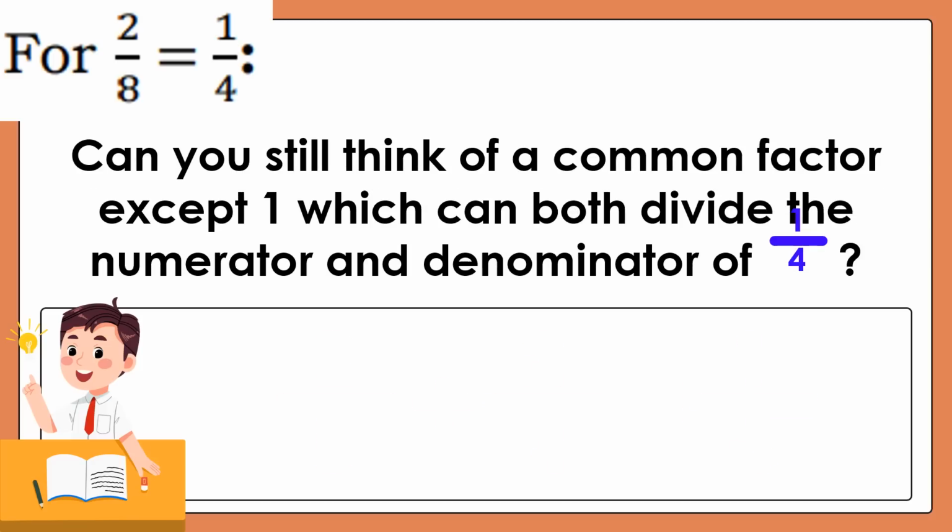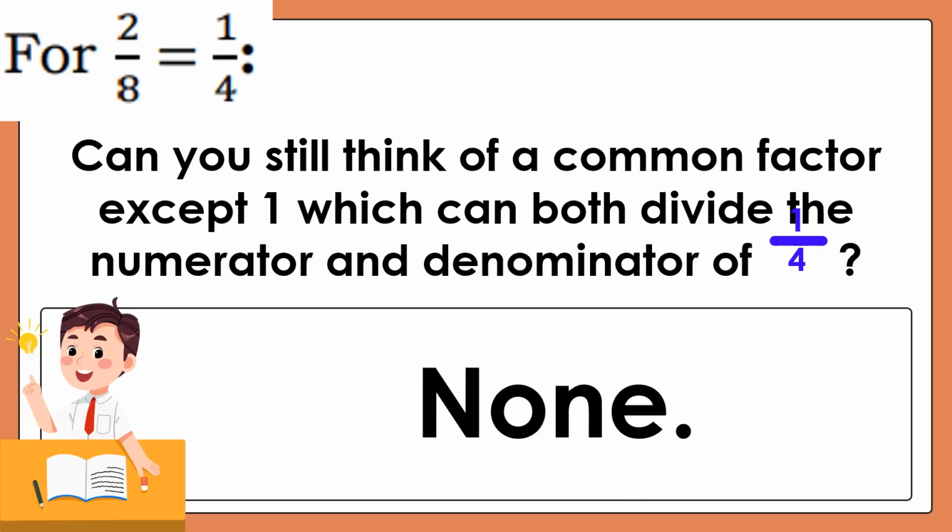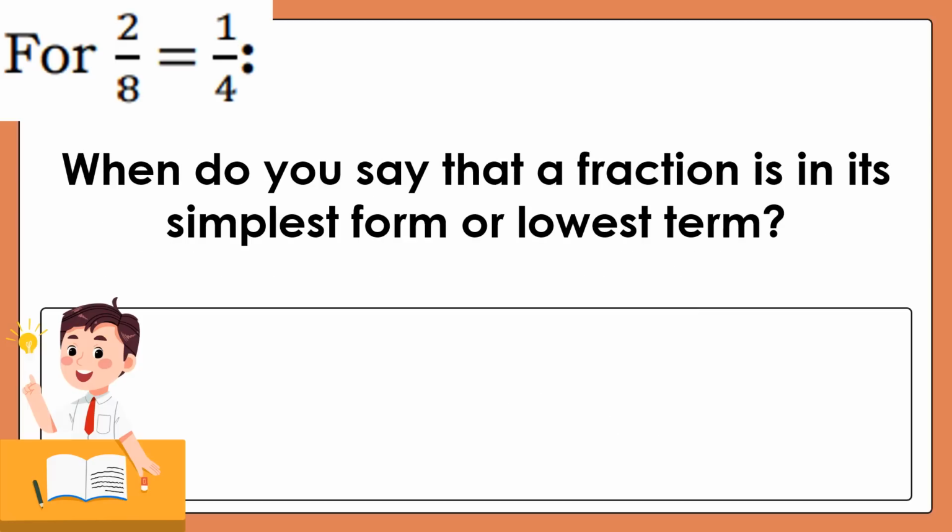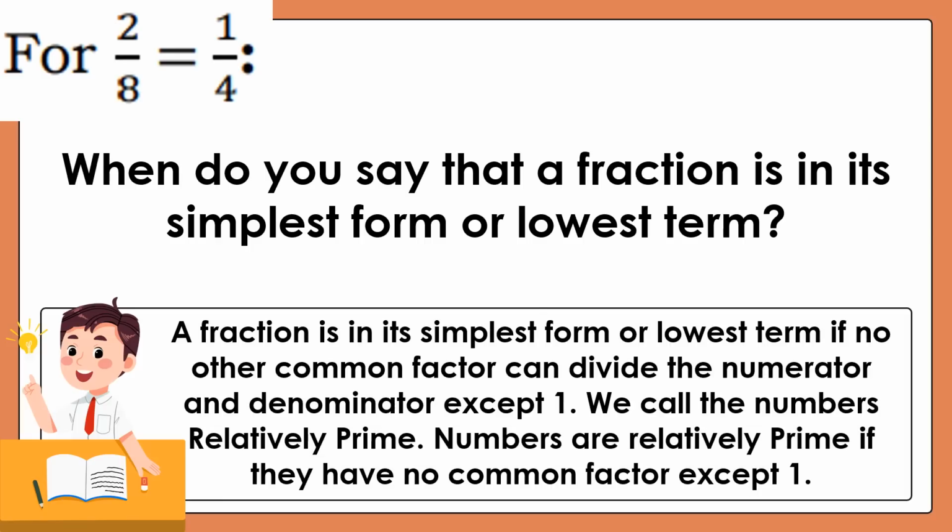Can you still think of a common factor except one which can both divide the numerator and denominator of 1/4? The answer, none. When do you say that a fraction is in its simplest form or lowest term? The answer, a fraction is in its simplest form or lowest term if no other common factor can divide the numerator and denominator except 1.